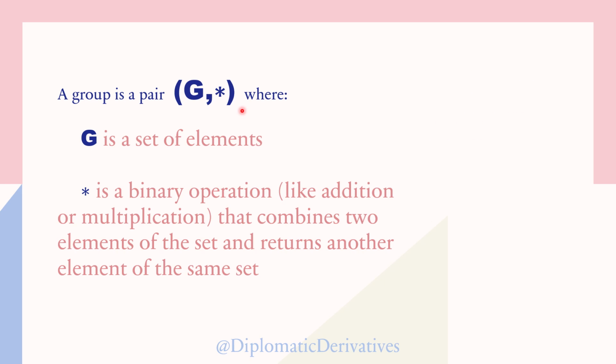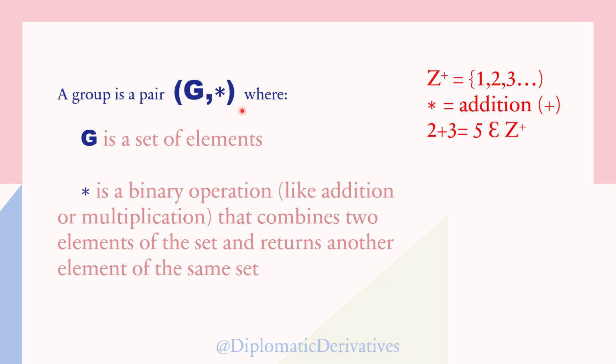For example, we have a group Z plus. Now Z is the representation for integers, and this plus over here tells us that it's the positive integers. This plus is not to be confused with the operation, because the operation is what is performed on the group, but this plus here is talking about what the set itself is. For example, we know integers on a number line, so we could draw a number line.